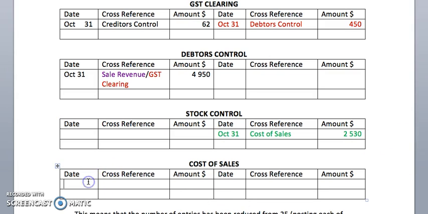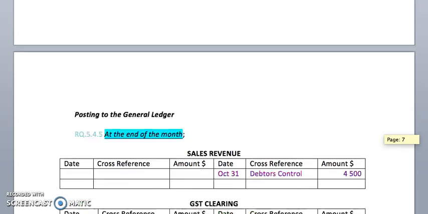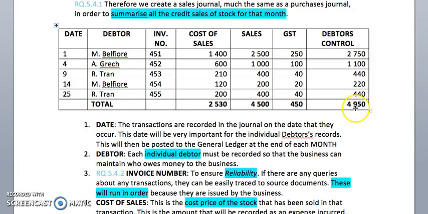And we've got on the other side, the debit side, because it is an expense and it's increasing, stock control, 2,530. So that's it. You've posted it all out. Only one post per month based on all of these different transactions.